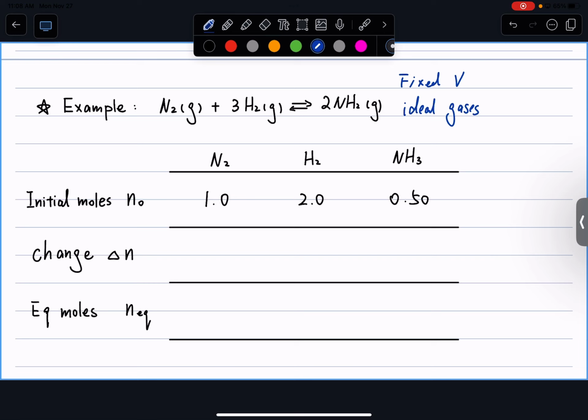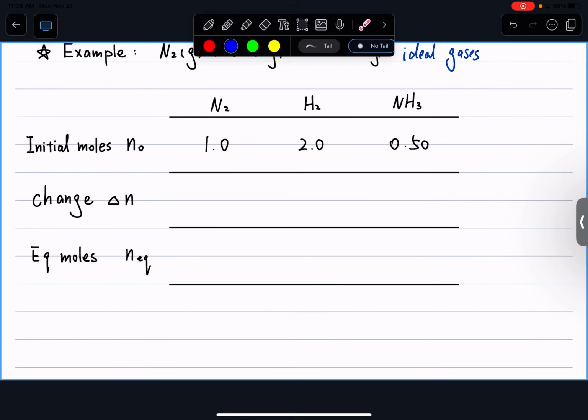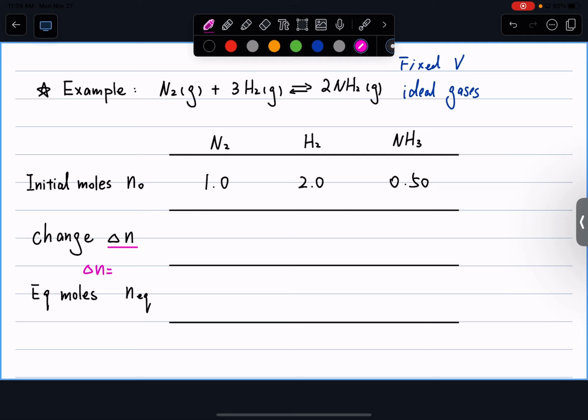So what we mean here is we have this table to solve for how much reaction has been taking place and what is your expected number of moles of each species at equilibrium. So in this case, your delta N of each chemical species equals your stoichiometric coefficient times the extent of reaction. So for nitrogen, let's say our stoichiometric coefficient is -1. So the delta N for nitrogen will be negative xi.